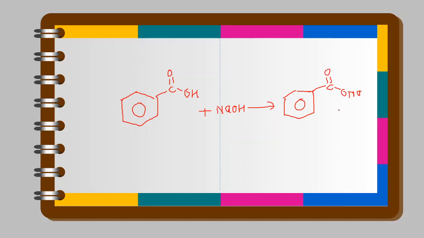Along with that, there will be formation of water. So we can determine this benzoic acid by using NaOH. Okay, so this is the basic terminology which can be used for titration.